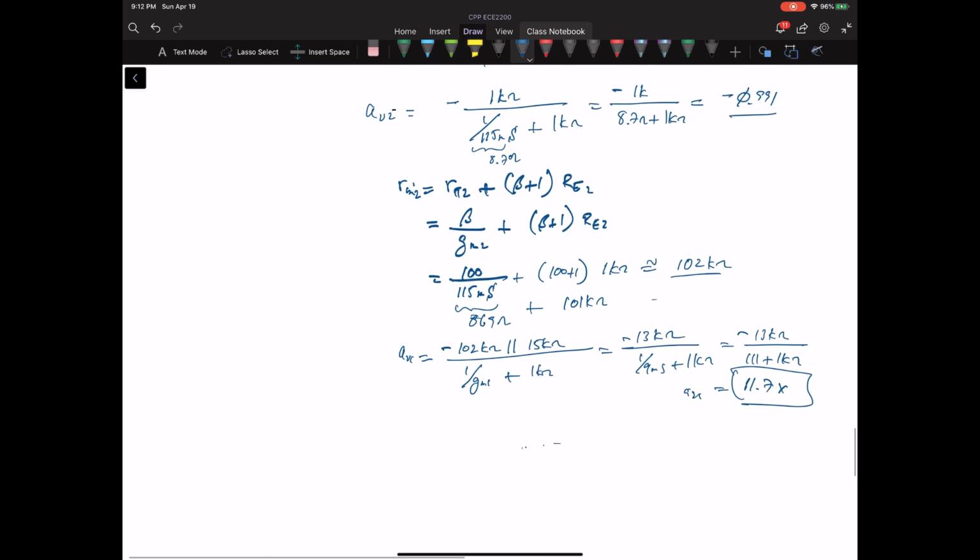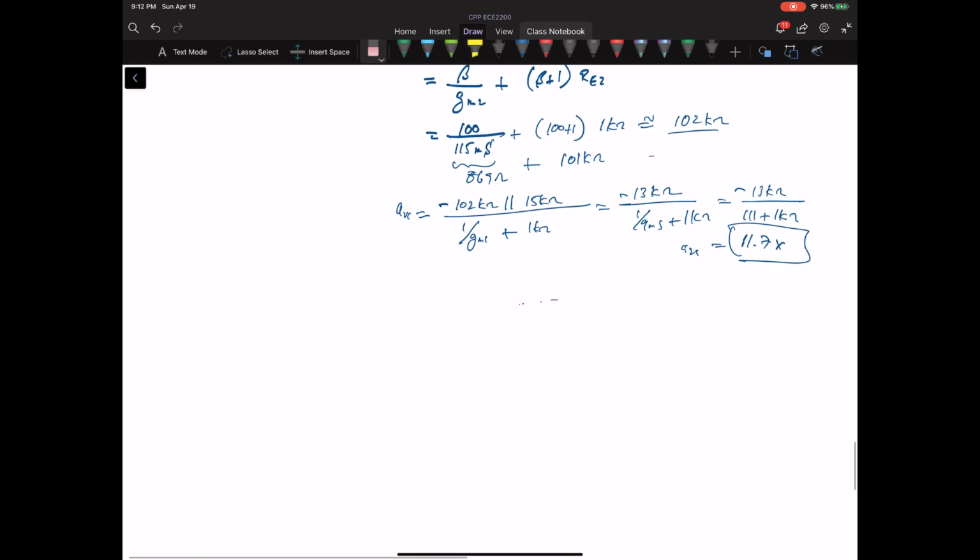Hopefully not. To do that, we need to get the input resistance of the first stage. Again, that's r pi plus beta plus 1 times r sub e. And r sub pi is beta over gm1, plus 100 plus 1 times 1 k ohm.